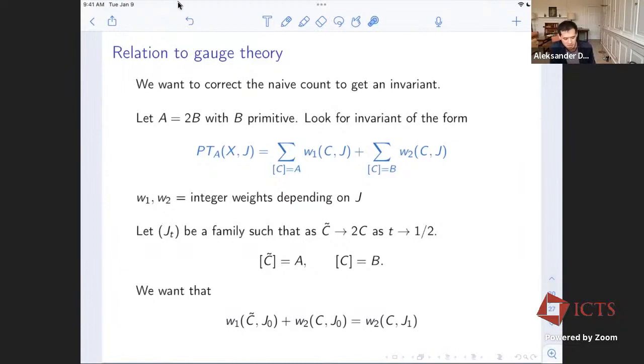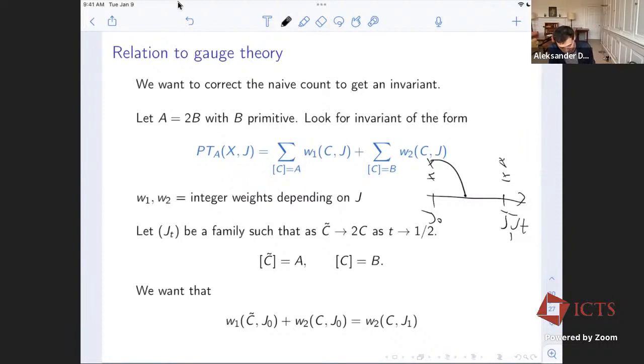So now I assume that I have this situation that I was describing earlier, that I vary J in a one-parameter family. So I have some J0, J1, and I want to count the curves here and count the curves here, possibly with these weights. But as I vary my J, some of these embedded curves could, there's no good way of writing it, but like could disappear.